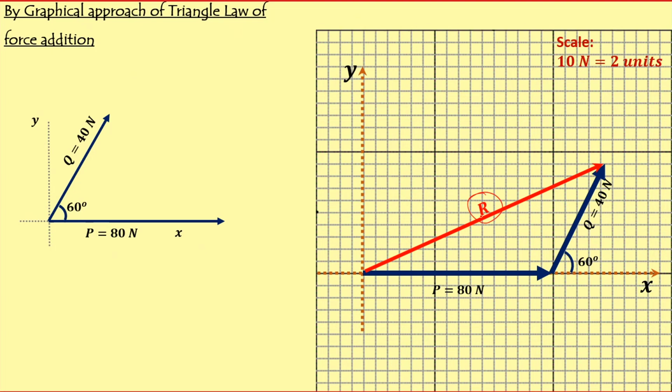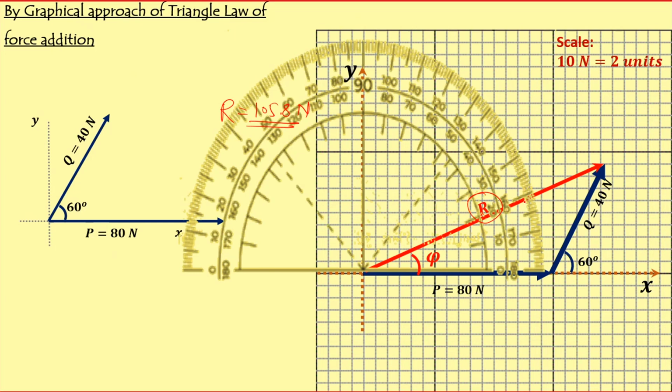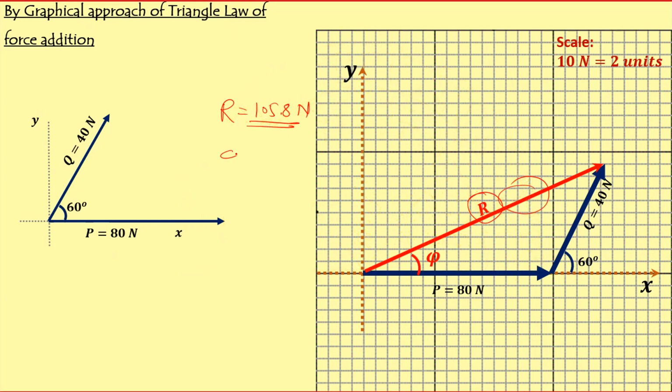So this R, if you measure the magnitude of R on the diagram, again it will definitely come to 105.8 Newton. Now the angle of inclination you can measure using the protractor, which is almost between 19 to 20 degrees. So this phi is 19.1 degrees. So try it, draw it with the appropriate scale, and definitely you will get these answers.